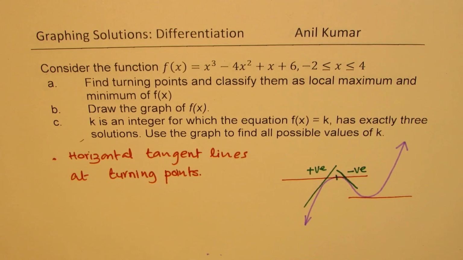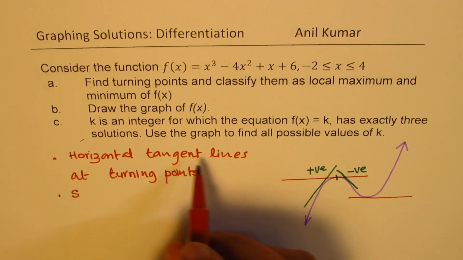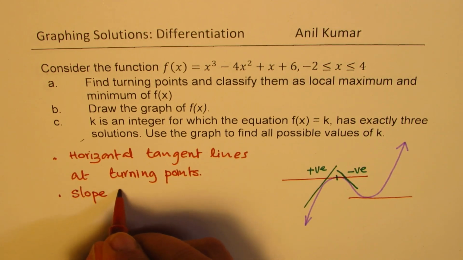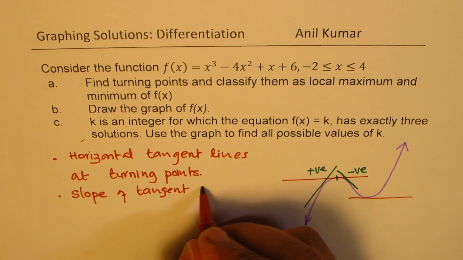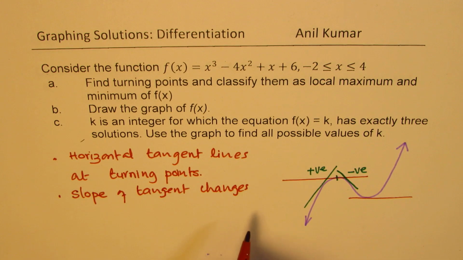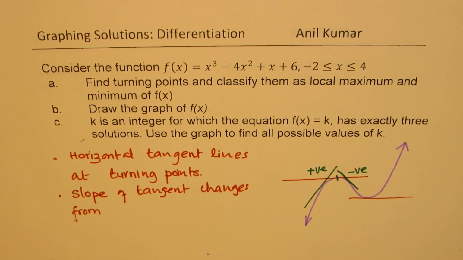So the second point here is that if the slope changes, or you can say slope is rate of change or the derivative, if the slope of tangent changes from, now there could be 2 conditions.